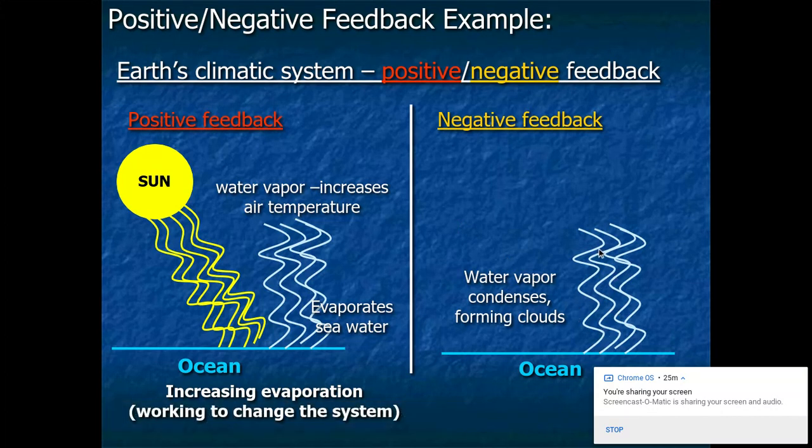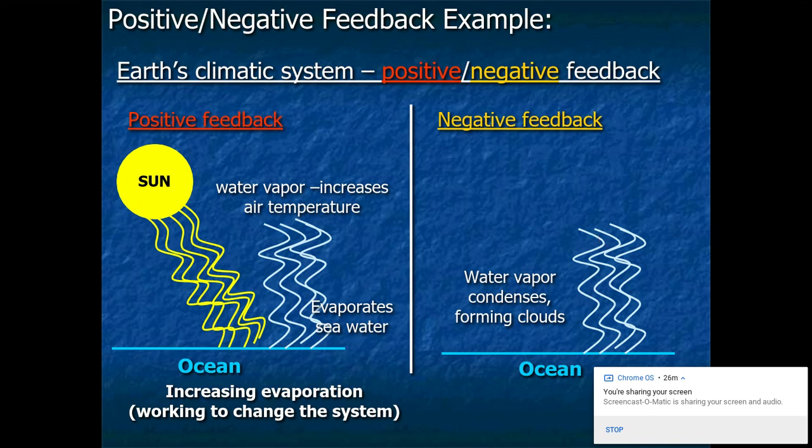But what we're going to learn later when we talk about meteorological processes is that the higher you get in the atmosphere, so you increase altitude, the cooler and colder it gets. So as this water vapor now begins to rise in the atmosphere, it's under the conditions of getting cooler and cooler.